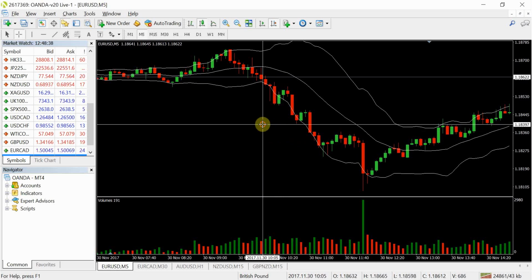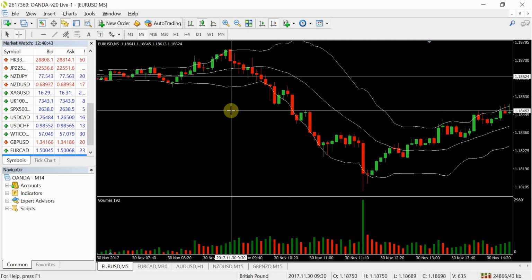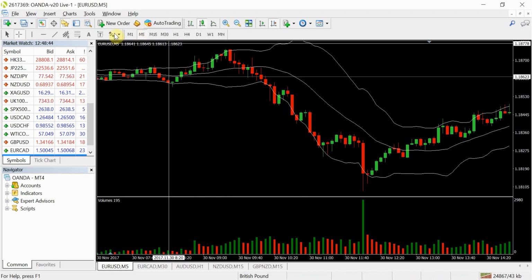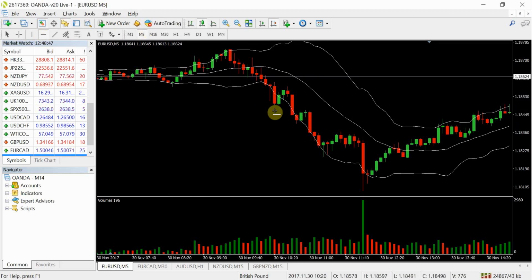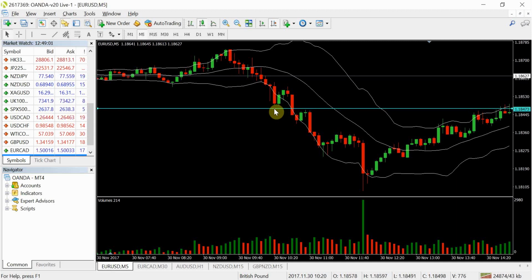So what it does is place, in this case, a sell stop order 2 pips below the low of the last red bar. Sorry about that, I'm just confusing myself there. I don't know where 2 pips is, but I'm just going to assume it's about here somewhere.